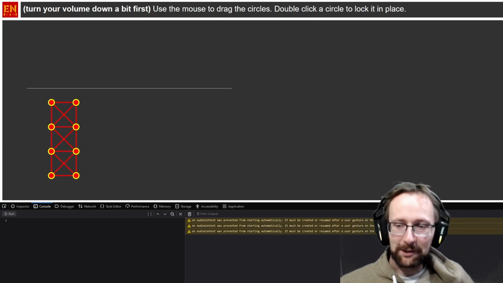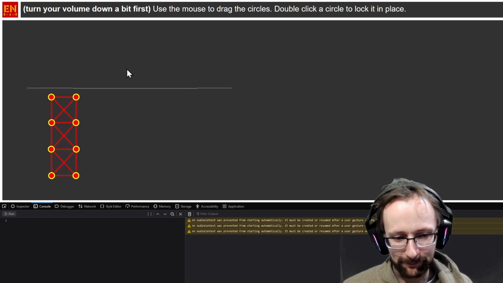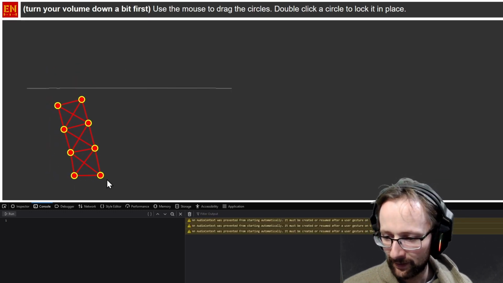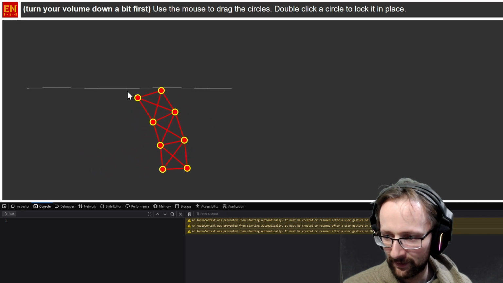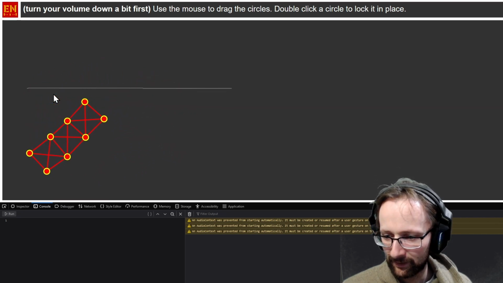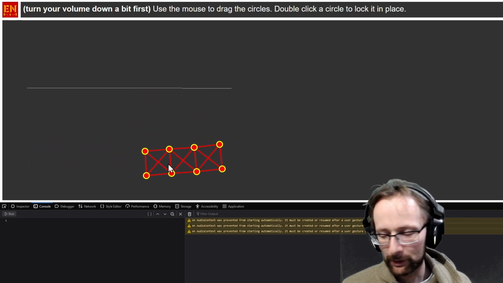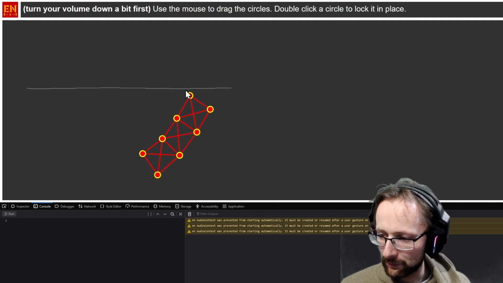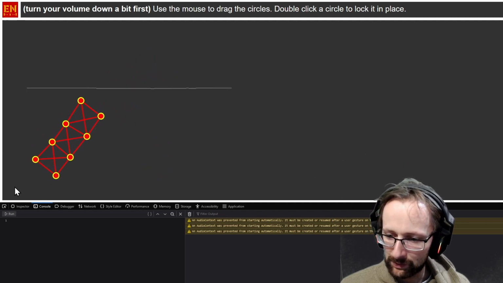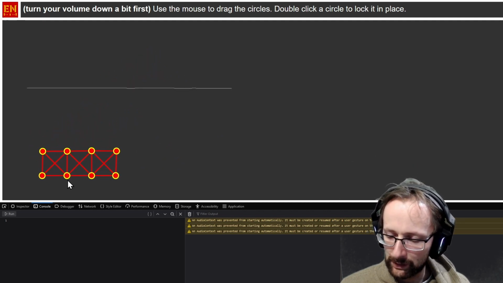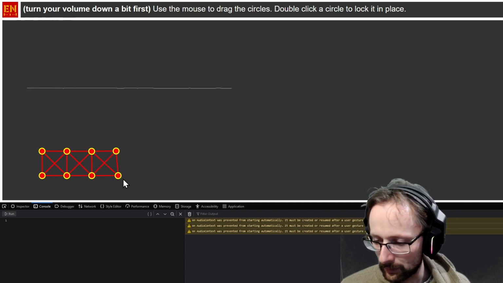Hey there, it's Nick from the future. I went back and I fixed this one. There we go, that's pretty much what it was meant to do. So it actually has an audio synthesizer hooked up to each of the springs, and there's just a bit of noise that gets generated when each node is dragged along the ground, so you get this.